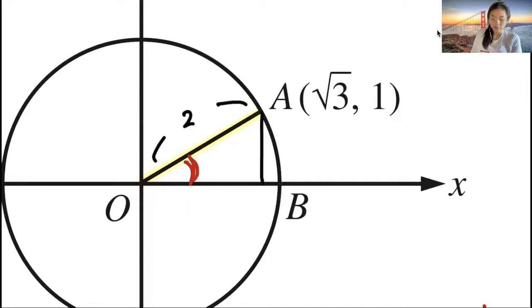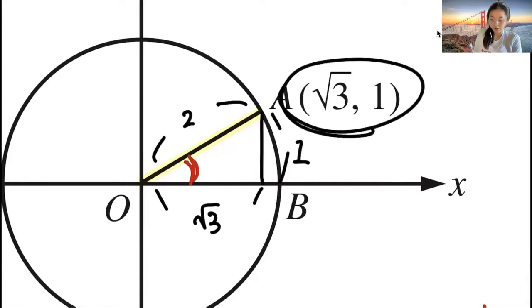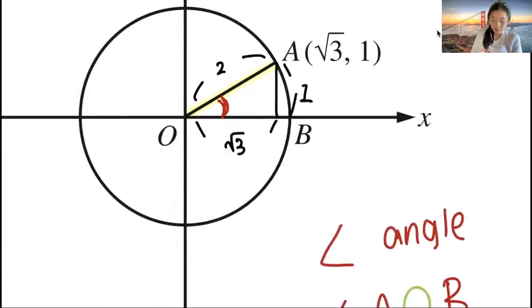We know this too. And we know that the x is root 3 and the y is 1. So we can use these points to find the other lengths.